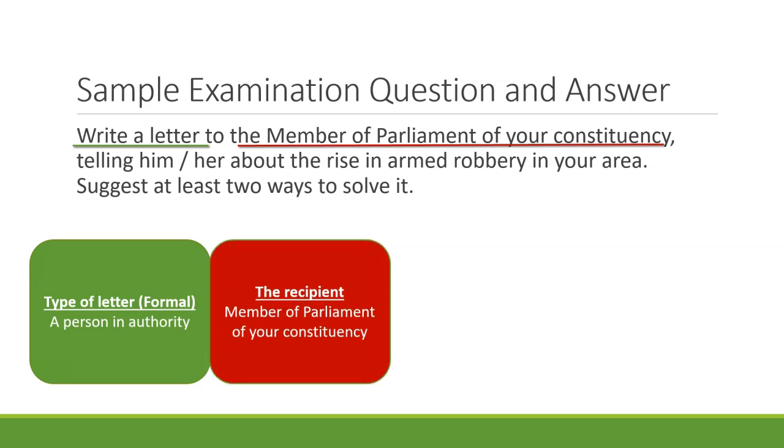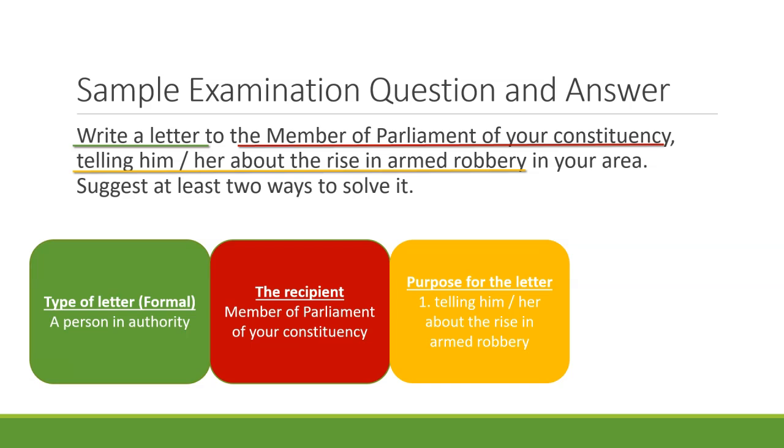So, who is your recipient? Your recipient is the Member of Parliament of your constituency. So, you know right away that the title of the person you're addressing this letter to is the Member of Parliament of your constituency. Now, the next thing we need to look at is the purpose for the letter. Why are you writing this letter? 1 is to tell him or her about the rise in armed robbery.